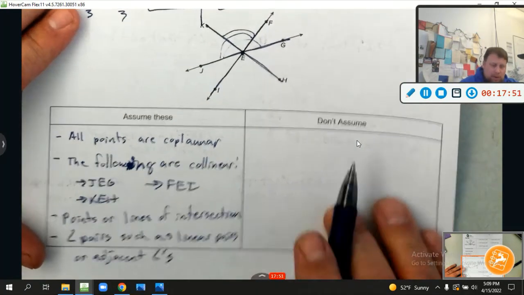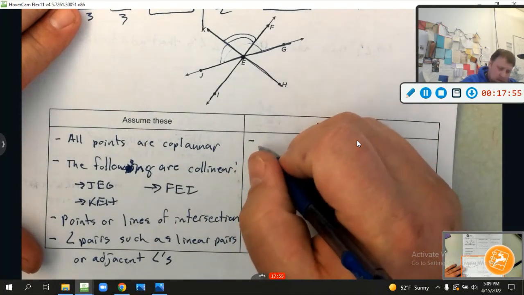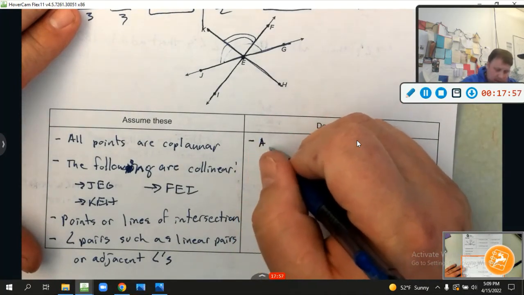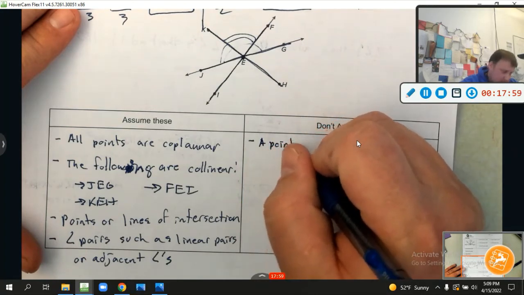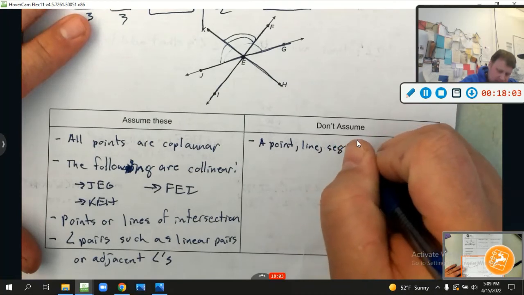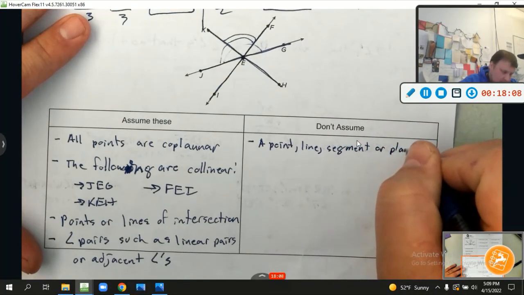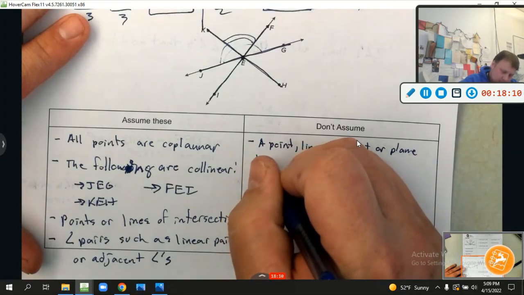It's important to know what we can assume, but here's what we cannot assume. We cannot assume that a point, line, segment, or plane bisects each other.